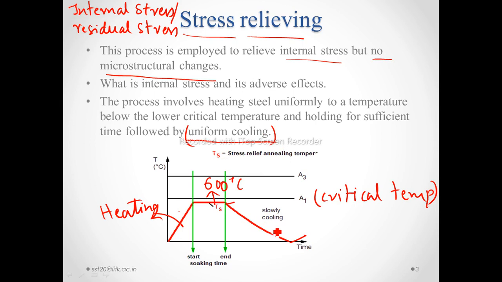And finally, there is no change in the microstructure. The initial as well as the final microstructure will remain the same. This is a simple heat treatment process to remove the internal stresses, but it gives a significant improvement in the performance of the materials.